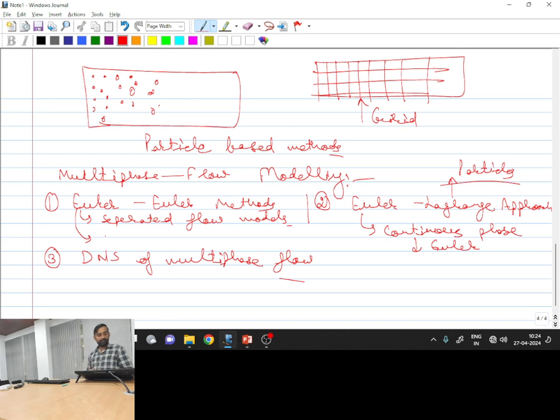The third approach is called DNS for multi-phase flows. From our turbulence understanding, we know that DNS is direct numerical simulation, meaning that if we are able to resolve the finest length scale and fastest time scale of the turbulent eddies, we call it DNS for turbulence.